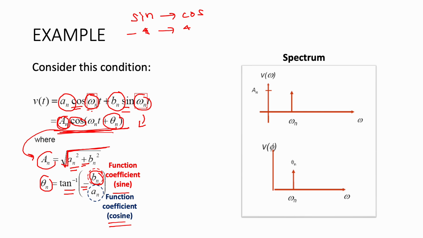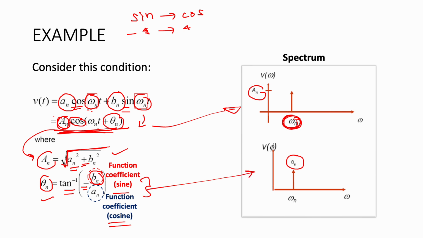Once we got this equation, then only we can draw. To draw, at omega n, the frequency will remain the same. So at omega n the amplitude becomes An based on the calculation earlier, and the phase becomes theta n based on the equation earlier.